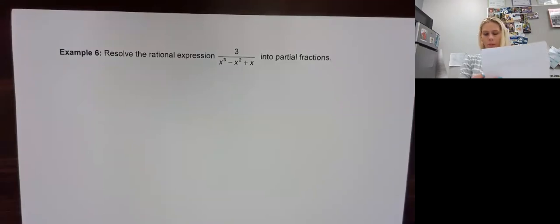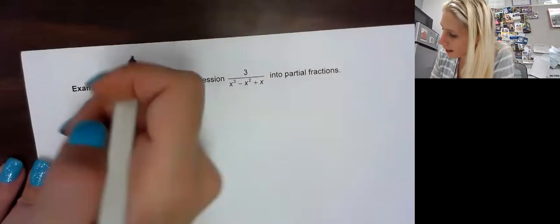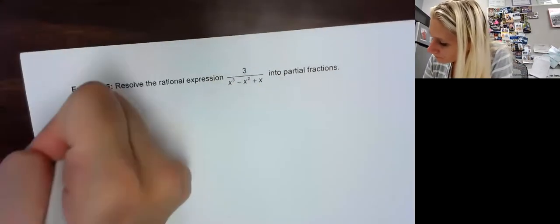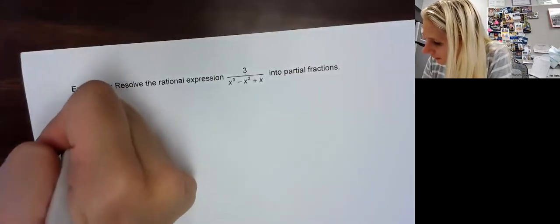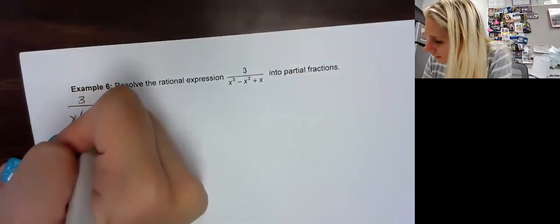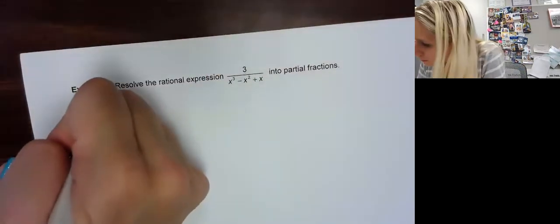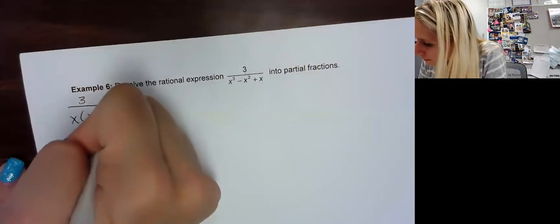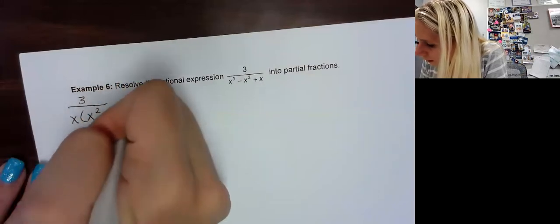All right, so let's see if we can break this down more. We have to factor the greatest common factor, which is x. So we get x times x squared minus x plus 1.